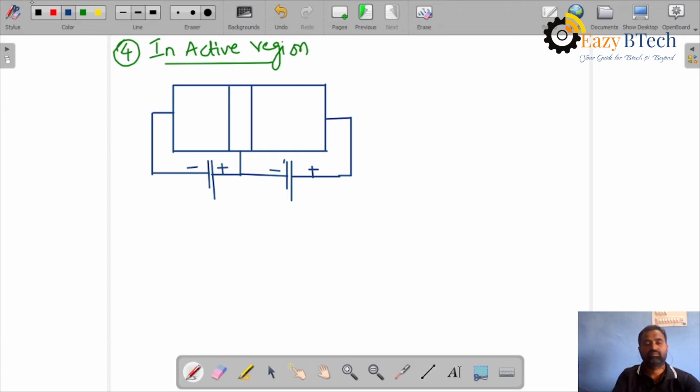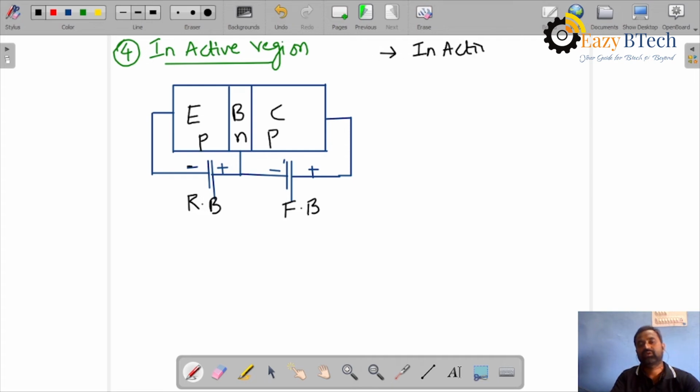Plus emitter, base collector, PNP, positive connected to negative reverse bias, negative connected to positive, forward bias. Okay, this region is known as inactive region.